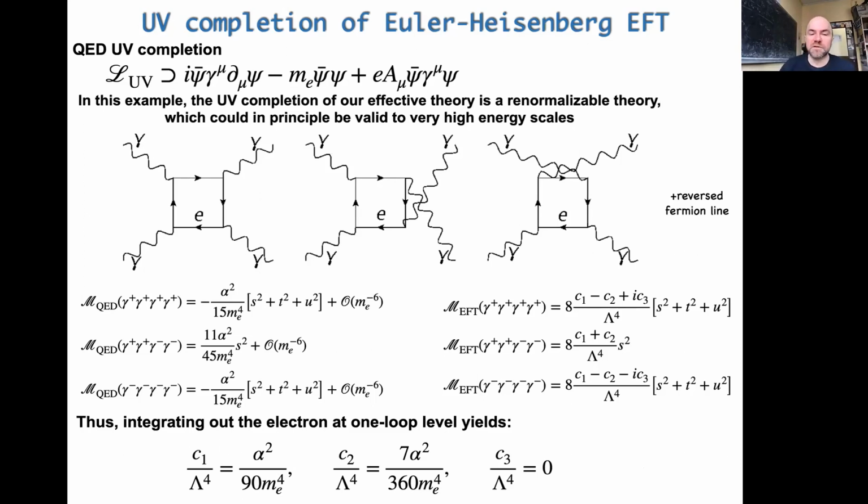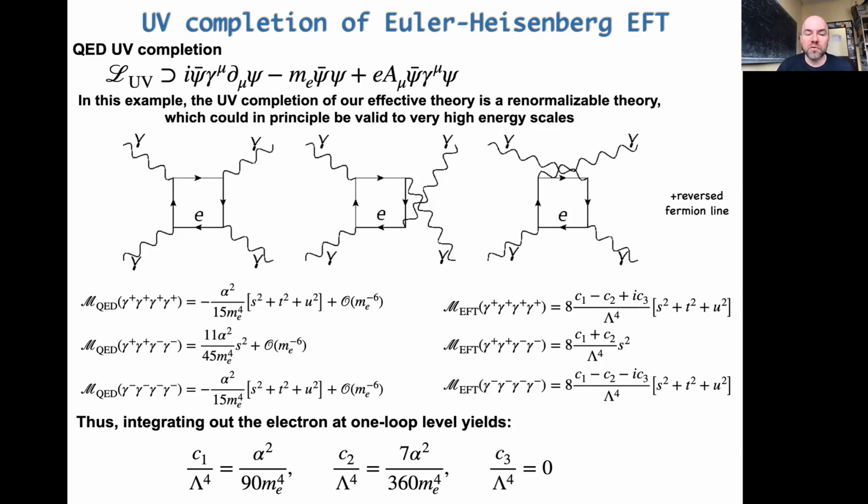Now if we calculate this loop, we get a result something like what we see on the left-hand side of the slide. For different polarization configurations, we get some dependence on the Mandelstam invariants of the scattering process, up to some corrections that are small if we are at energies below the electron mass.